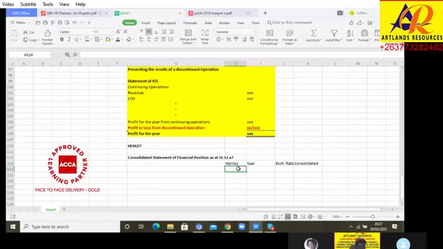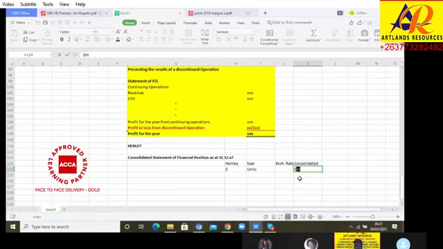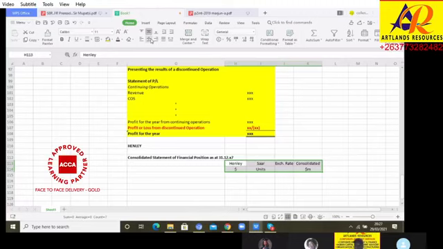Now, Henley is in dollars. SAR is in units. Then exchange rate, then consolidated, it will be in dollars. So this is a schedule or working that you come up with when you are preparing consolidated financial statements when there's a foreign operation, because you first need to translate that foreign operation for you to consolidate.